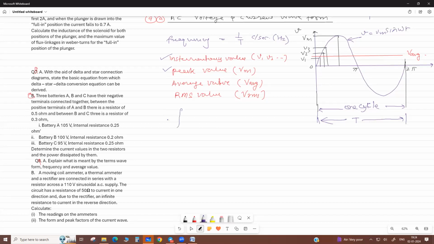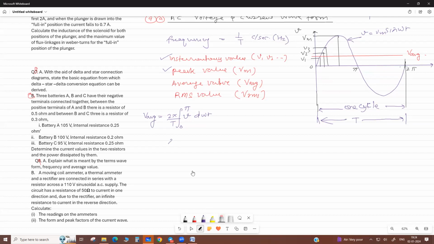How do we calculate the average value? Very simple. V average equals integral from 0 to pi. If you integrate from 0 to 2 pi, you get 0 because positive and negative cancel. So first we integrate 0 to pi, then double it, double of V d omega t, then divide by T, the time period. This will give the average.